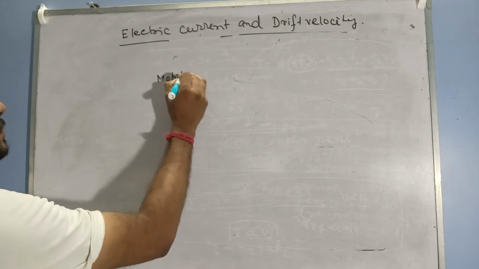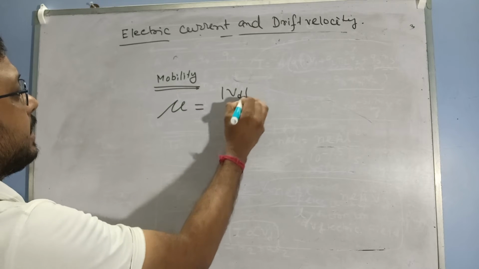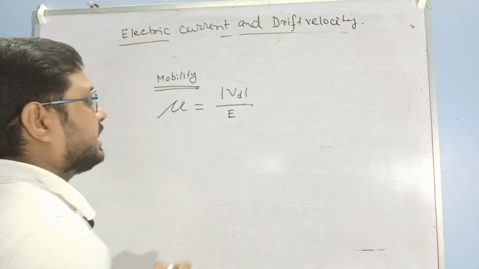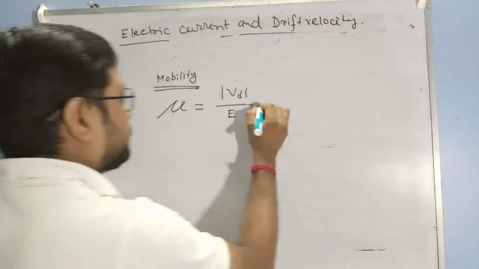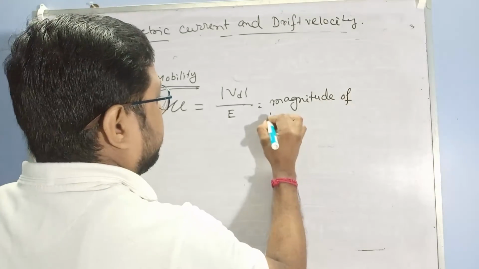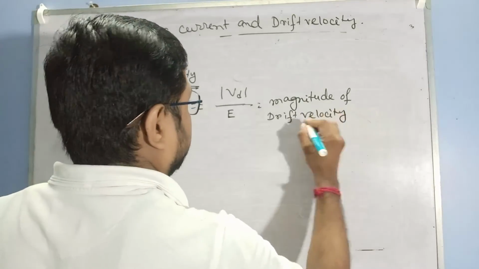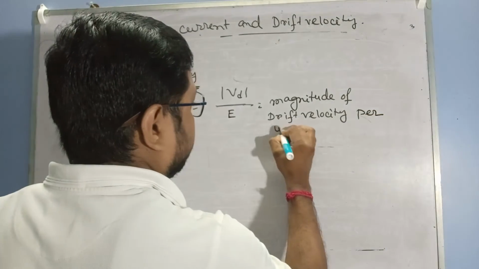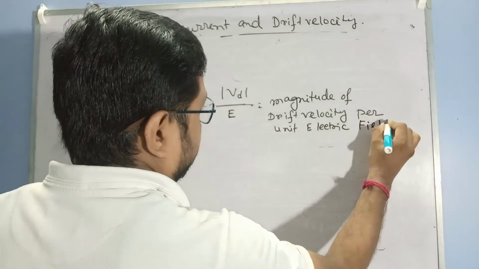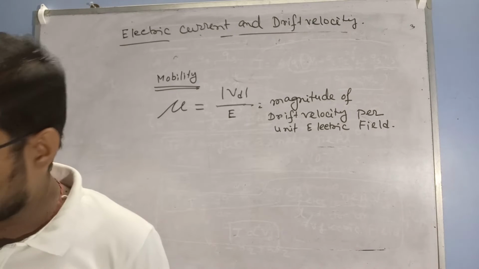Mobility is mu equal to the magnitude of Vd divided by E. That is, mobility is the magnitude of drift velocity per unit electric field. Magnitude of drift velocity per unit electric field is called mobility.